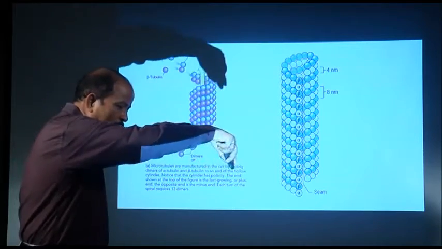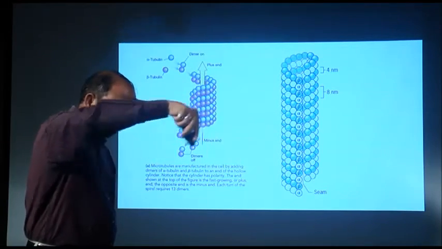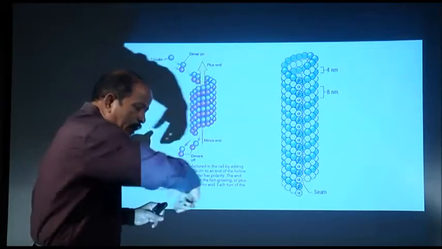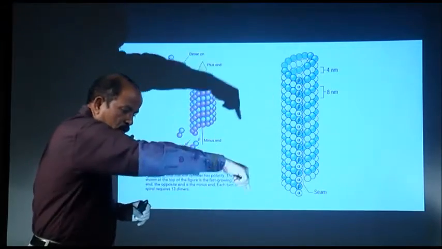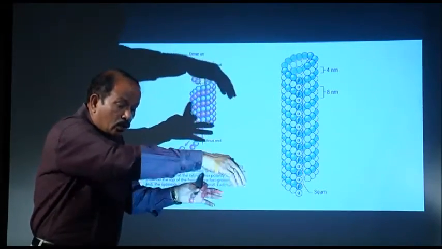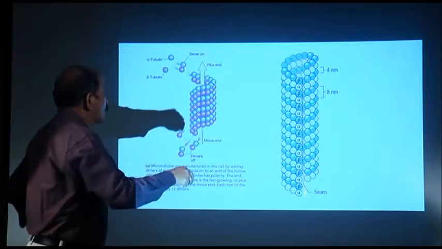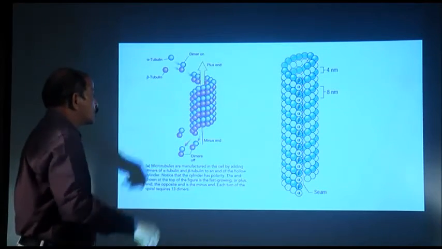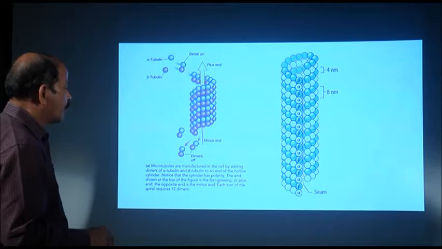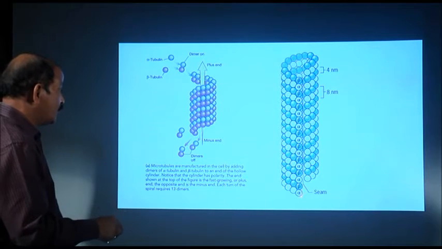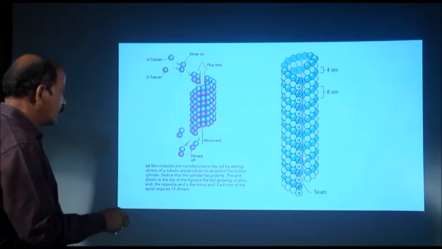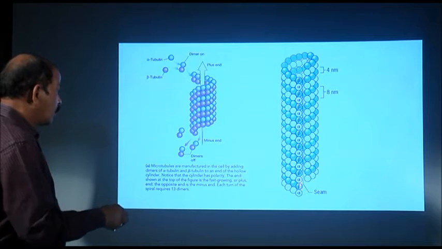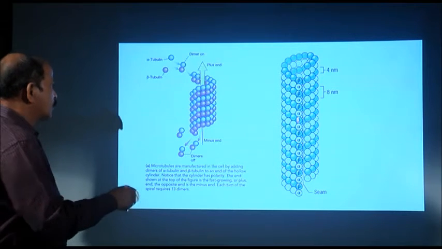Likewise, 13 protofilaments arranged in the periphery by non-covalent interaction give a tubular structure. It is called alpha and beta microtubule. So, in each protofilament, alpha beta, alpha beta are present one after another.